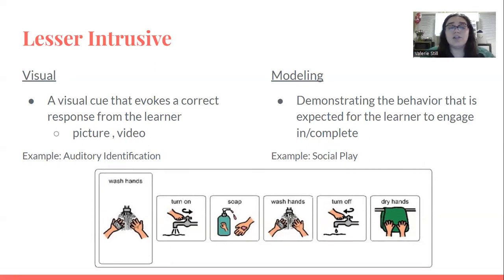A lot of learners may not know how to engage functionally with different toys, so you can model how to appropriately play with certain items. The picture I have on the bottom is a visual cue for washing hands, but the hand washing behavior itself can also be modeled if the learner is not able to do it independently.